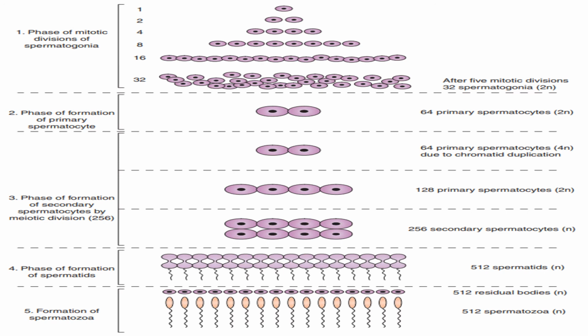The 128 cells undergo cell division to form 256 secondary spermatocytes having the haploid number of chromosomes. The fourth phase is formation of the spermatids. Each secondary spermatocyte divides mitotically to give rise to two spermatids. So a total of 512 spermatids are formed from a single spermatogonium.